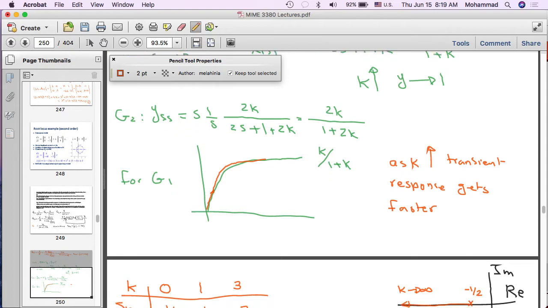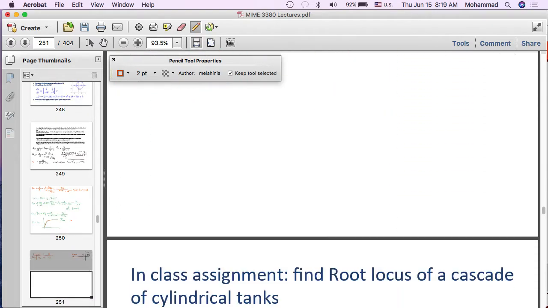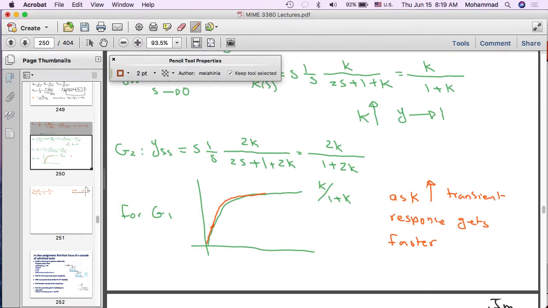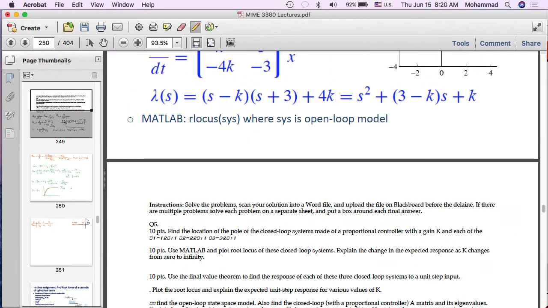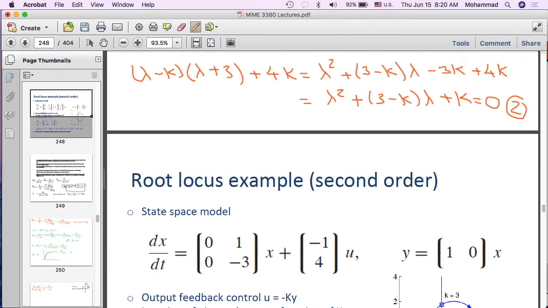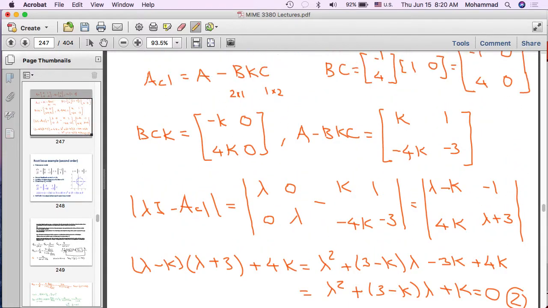So that was the review of this quiz. Let me go back to the last example that we discussed and talk a little bit about what we did there. Our interest still is in predicting the response of closed loop systems with proportional controllers. So we started from transfer functions.